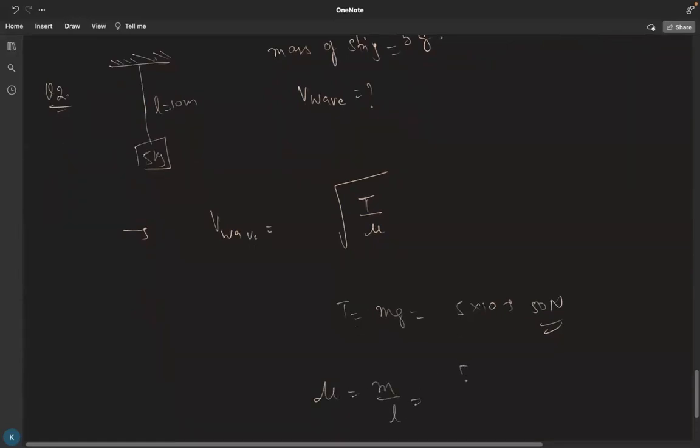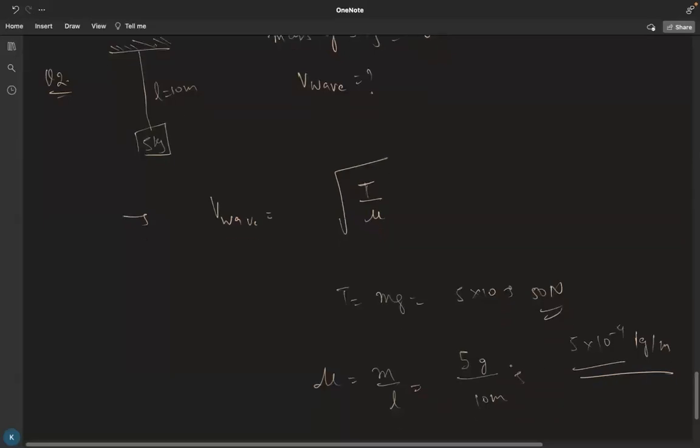We have the string mass given as 5 gram and the length given as 10 meter. So when we solve this, what we get? 10 to the power minus 4 kilogram per meter. Because when we convert the gram into kilogram, it will be 1/1000, and then we multiply it with the 10, so it will be 10 to the power minus 4. So this is our mu.